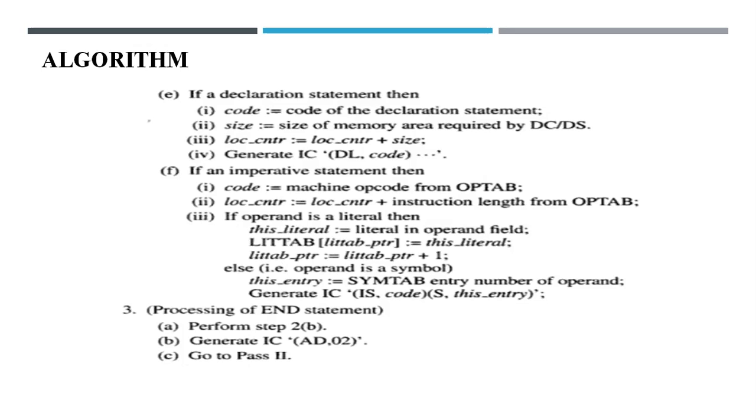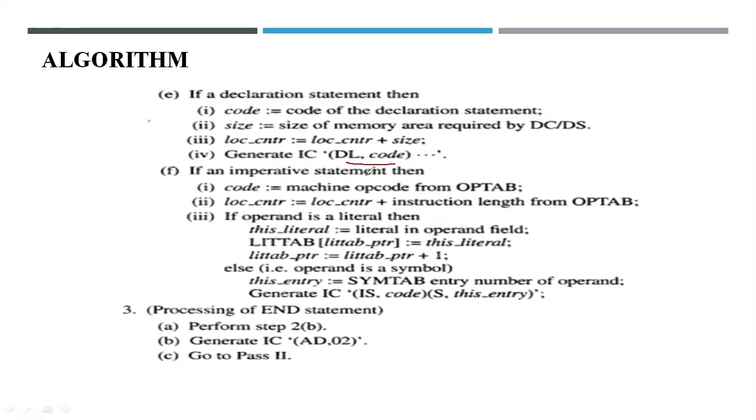So LC = LC + size. As I told you, LC will be incremented if DC is there, and LC will be added with some value depending on the storage size. Now generate intermediate code, generate IC, DL, code.